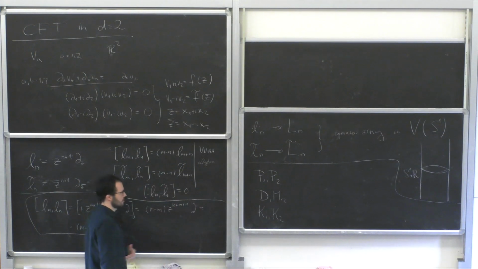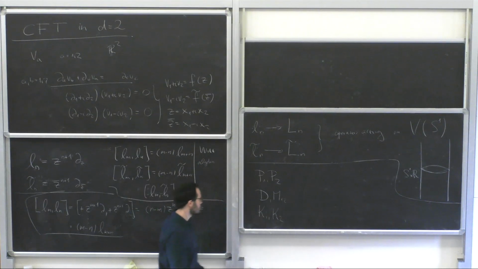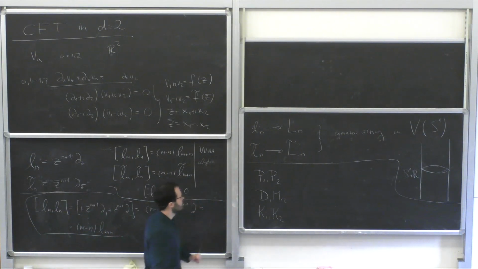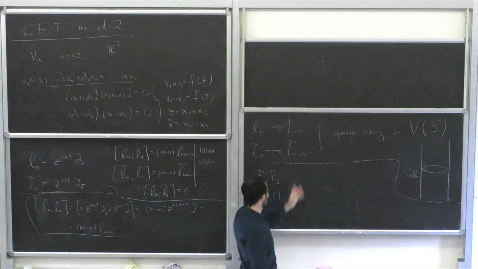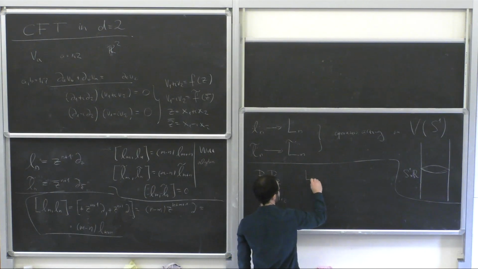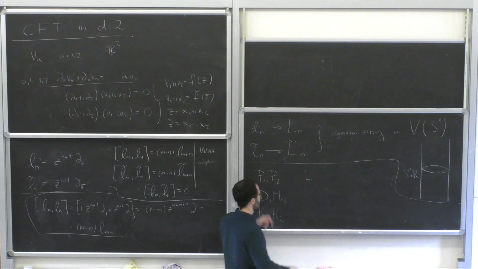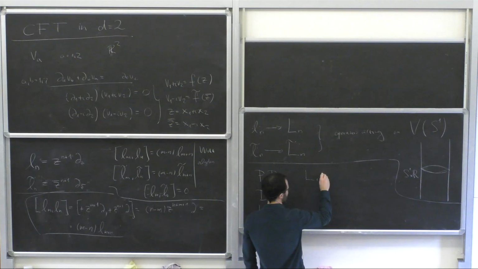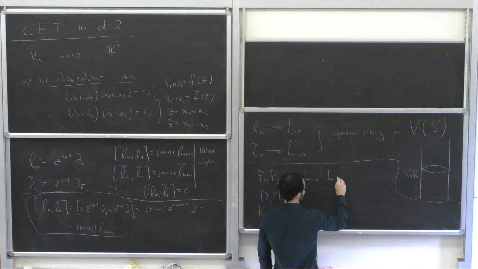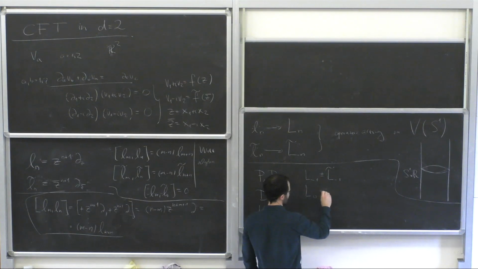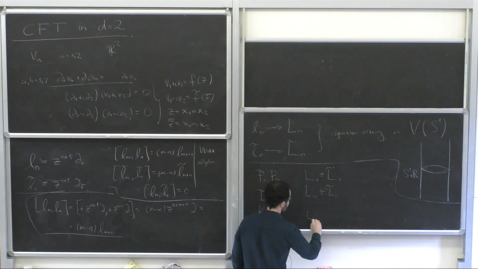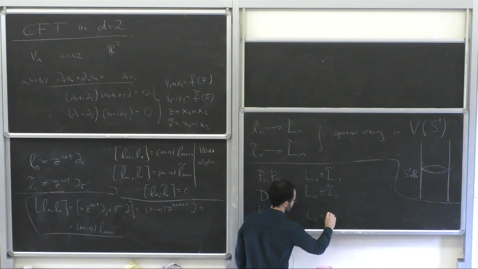Okay, so there's only one rotation in 2 dimensions, and these are special cases of these quantum operators, where P1 and P2 are linear combinations of L minus 1 and L minus 1 tilde. These are L0 and L0 tilde, and this one is L1 plus or minus L1 tilde, right?